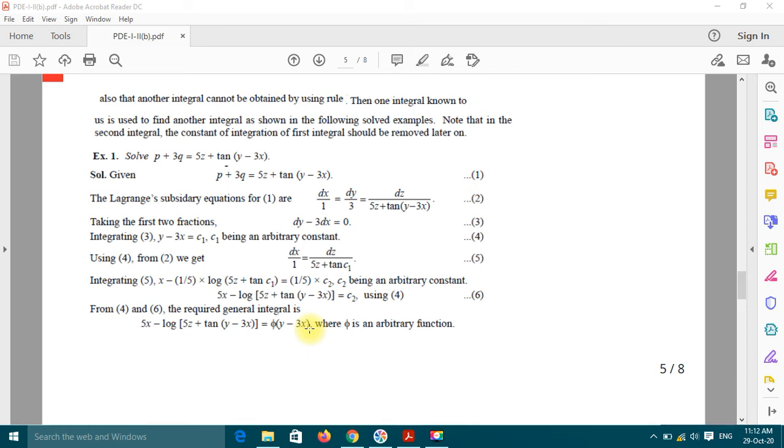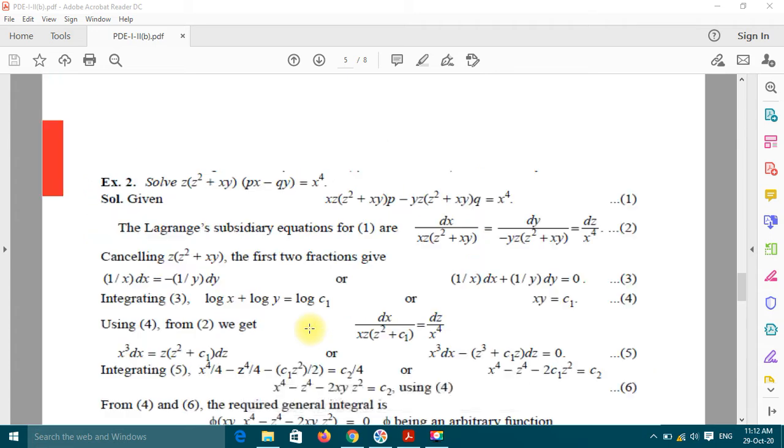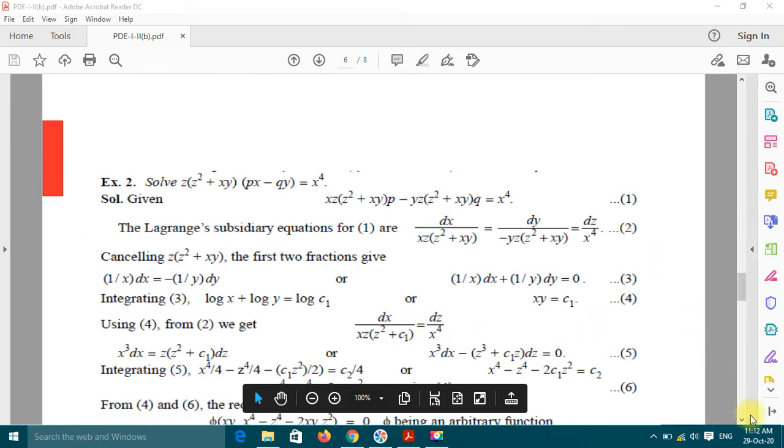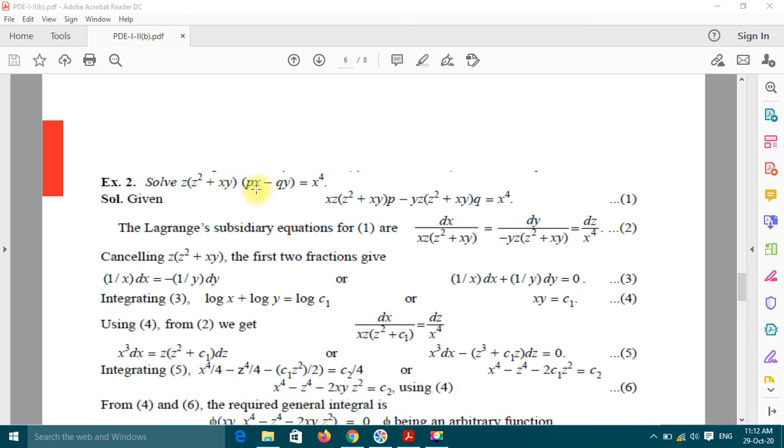Now we explain some more examples. Solve z square plus xy, px minus qy is equal to x to the power 4. Now we put the given differential equation into standard form.